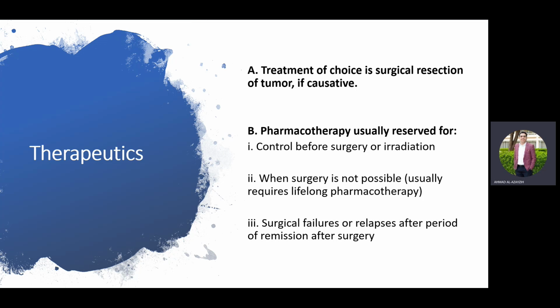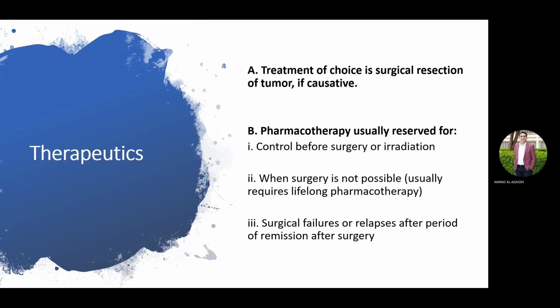What are the management or the treatment of choice? Always surgical resection of the tumor, if the reason behind acromegaly was a tumor in the pituitary gland, for example. Sometimes you can give pharmacological agents, but in general we keep them to control the symptoms before the surgery or radiation.